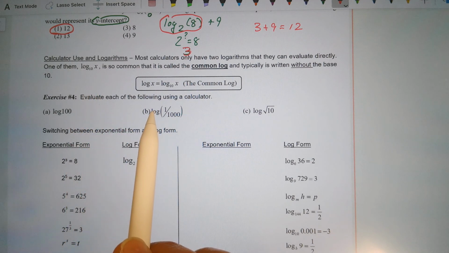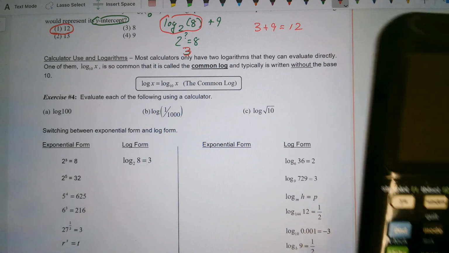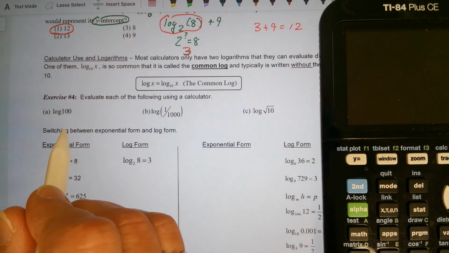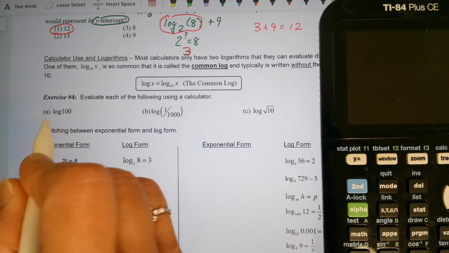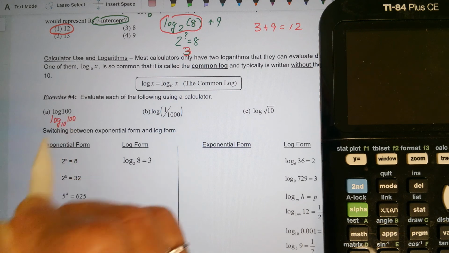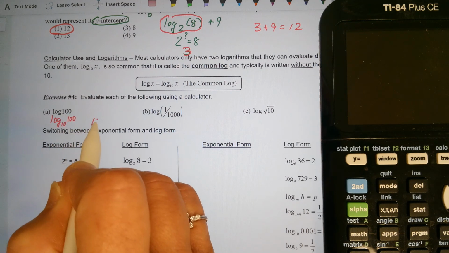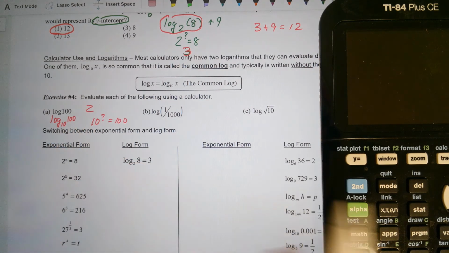Evaluate each of the following using a calculator. I'm going to try it without a calculator first for the first one. Log 100, that's the same as log base 10 of 100. What does that equal? Well, 10 to what power gives us 100? 2.